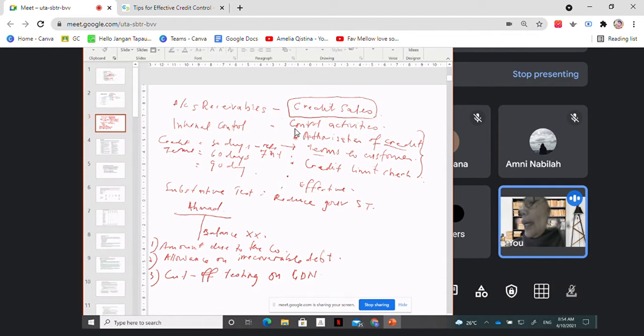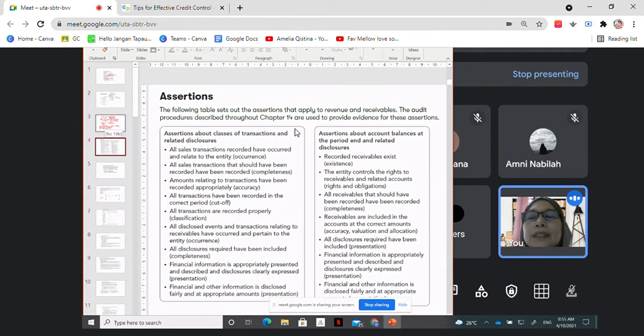Then you have to gather sufficient appropriate audit evidence to look at whether the amount due to the company, the balance of each account receivable here, is existent, is the correct valuation, and so on. So you go back to the assertions. What assertion are you going to achieve?